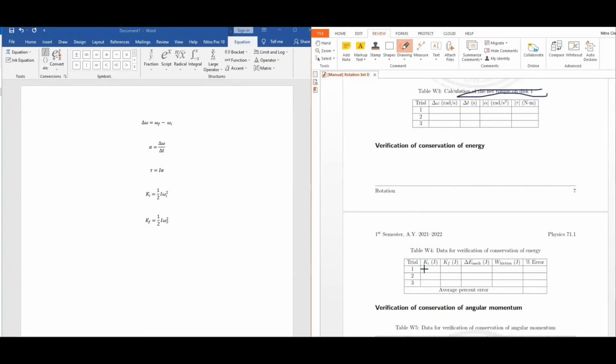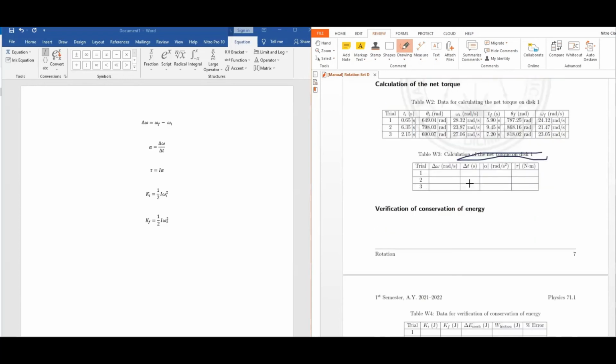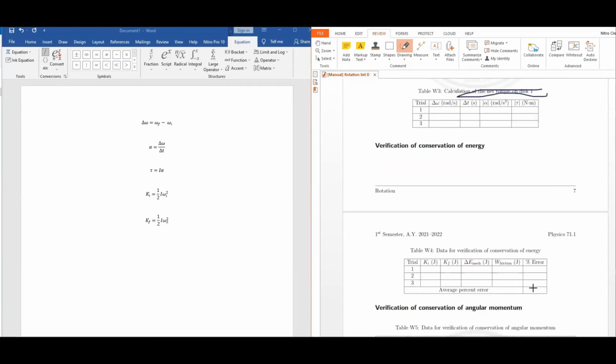So, meron tayong data dito, Ki and Kf. Pwede niyo kuhanin ng I na kinalculate niyo dito. Just the central value is needed. And you can calculate here your Wf and Wi. Diba? So, pwede mong makuha yan. So again, you can calculate your delta E, W, and percent error through your formulas given along in the manual.